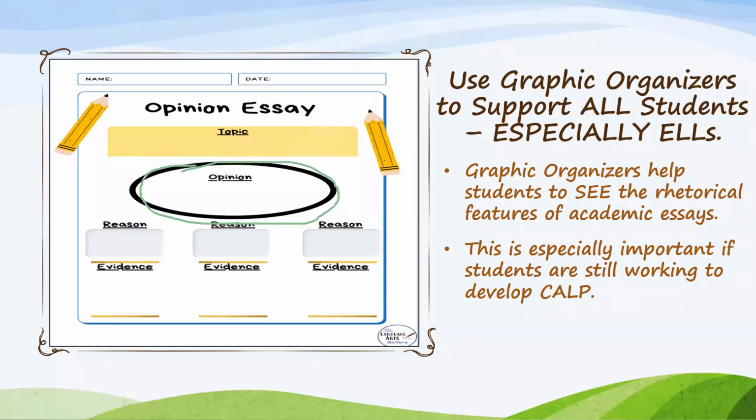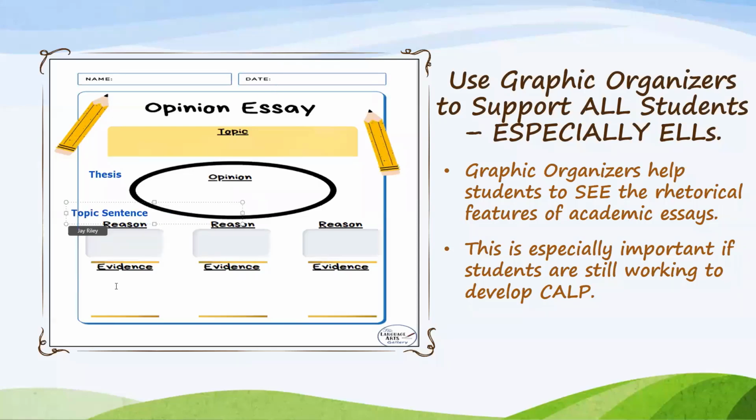This is our thesis right here. And if you want to add additional support, you can label this, right? This is your thesis right here. Each of those reasons is going to represent one body paragraph, and each one of those is a topic sentence. Each one of those right there is your topic sentence.